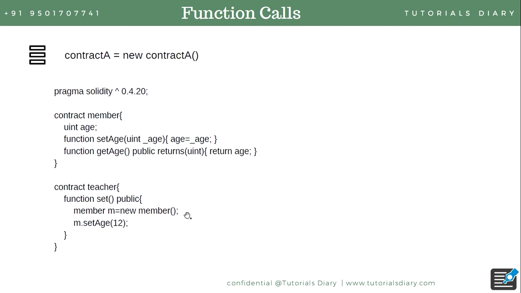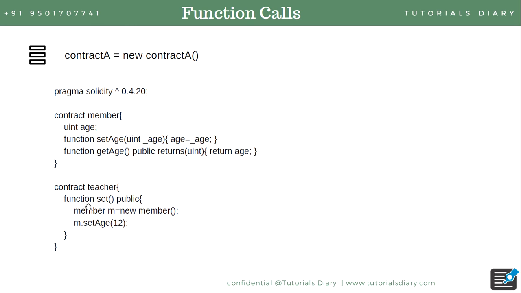Now the problem with this option is that you're creating the instance of the member smart contract at runtime, so this will have a different address. Suppose you have deployed the member smart contract on the blockchain, so that gets deployed on some address, as we are all aware. Let's suppose it gets deployed on address 1.